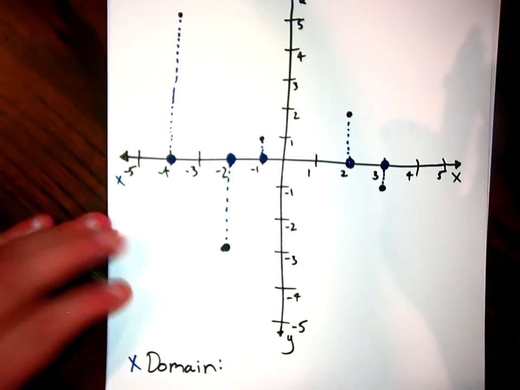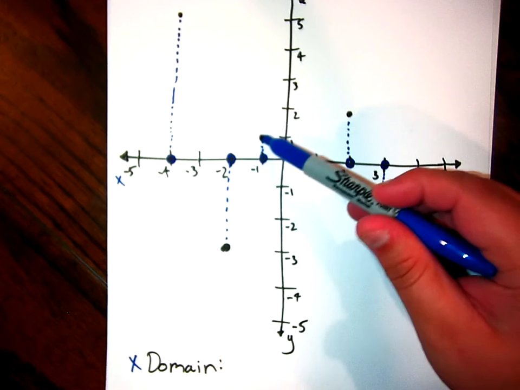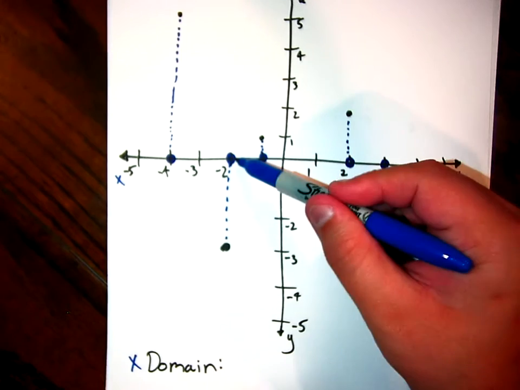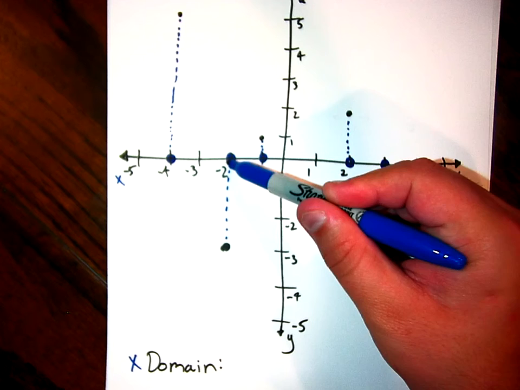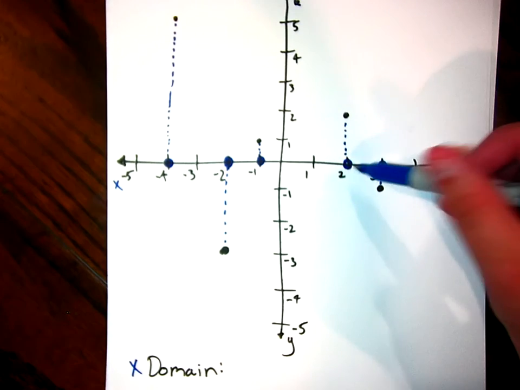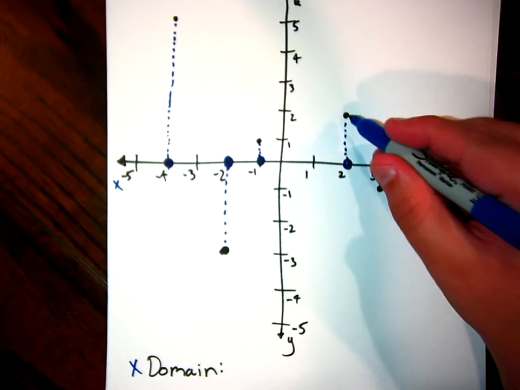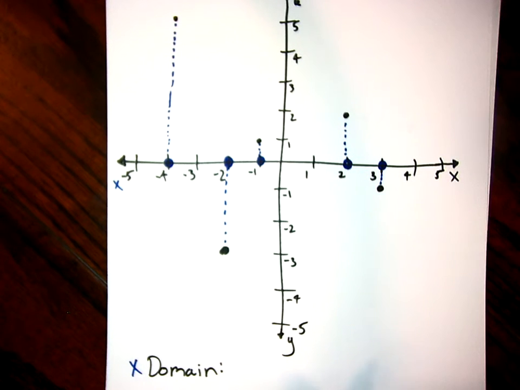But because there's no line or curve connecting these dots, nothing in here is going to be included. Nothing between -1 and -2, or between -2 and -4, or between 2 and 3 is going to be included because we don't have a line connecting these things. So my domain is going to look a little different this time.